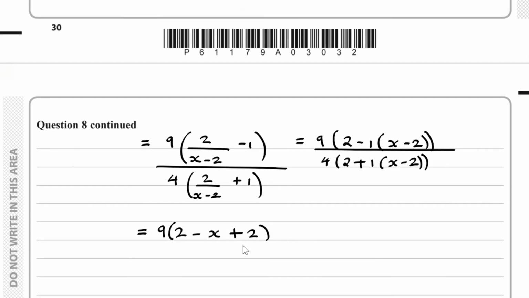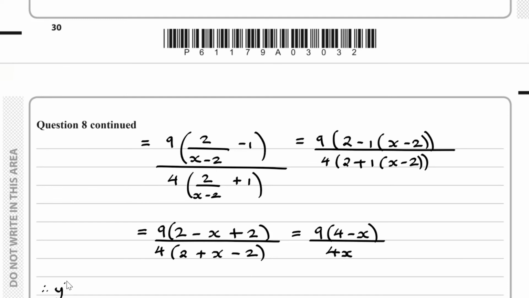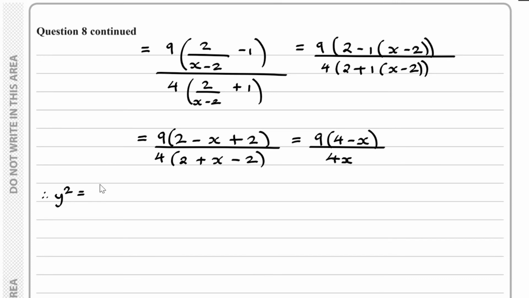On the bottom we have 4 lots of 2 plus x minus 2. So this simplifies to 9 lots of 4 minus x over 4x. Okay, so therefore y squared is equal to 9 lots of 4 minus x over 4x.